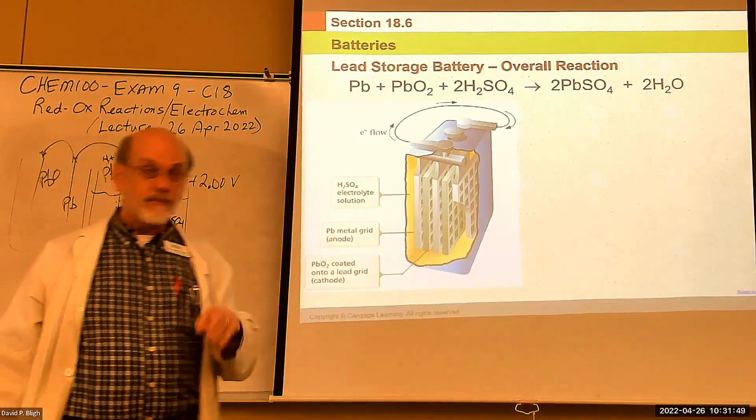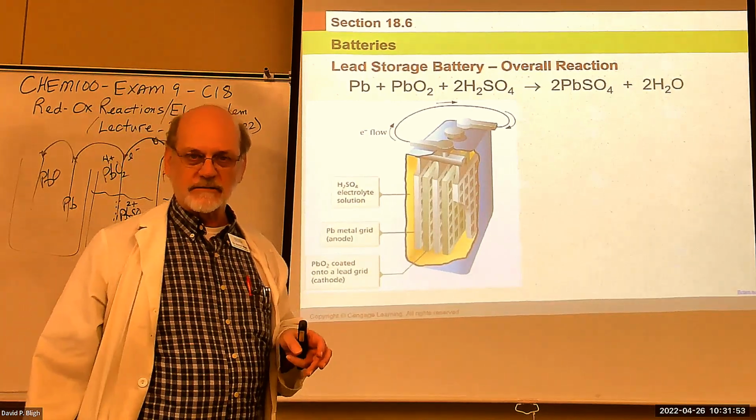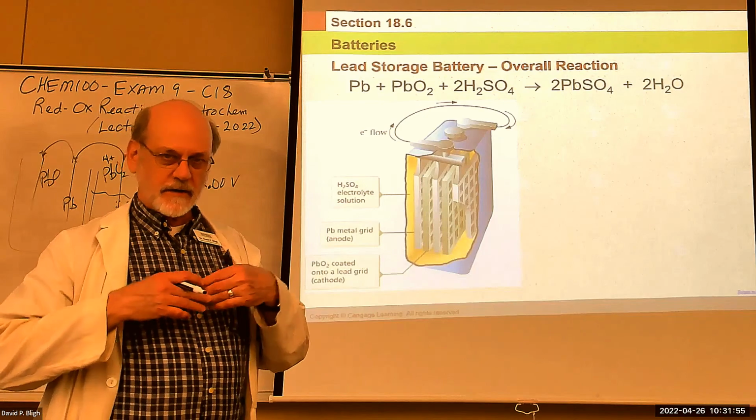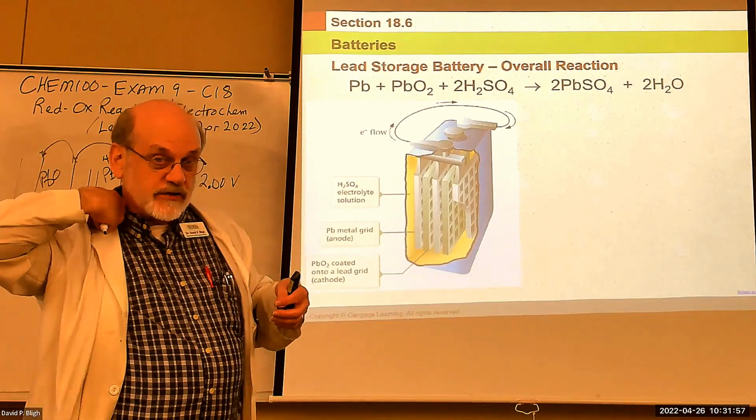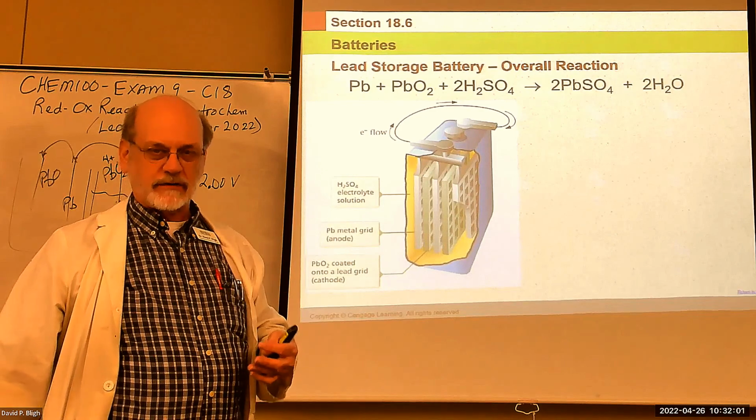And at that point, your battery's dead. It has no access to the solution underneath, the solution in which it's submerged. And at that point, we say it's sulfated out.